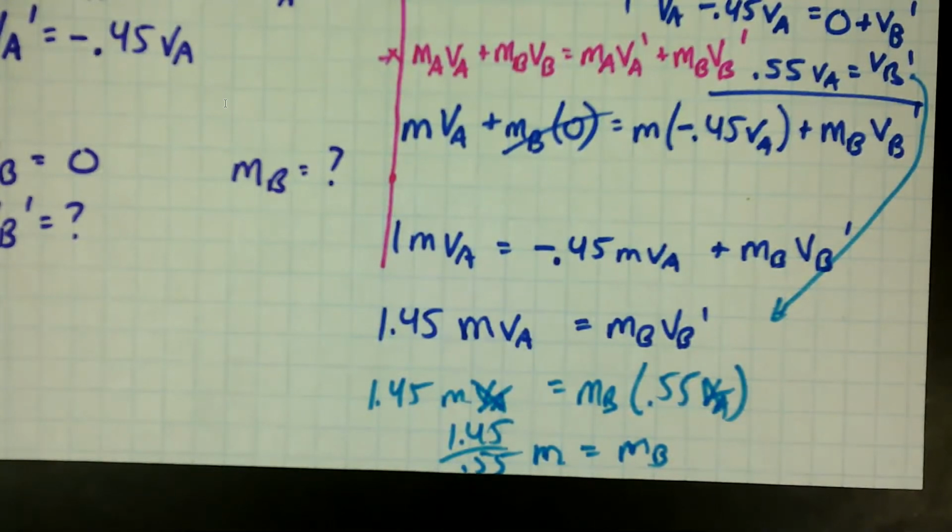How do you start any elastic collision problem? Go ahead, Bob. You conserve momentum, so sigma p equals sigma prime p prime. You set that equation up.